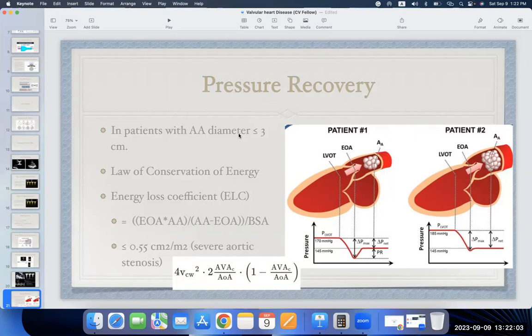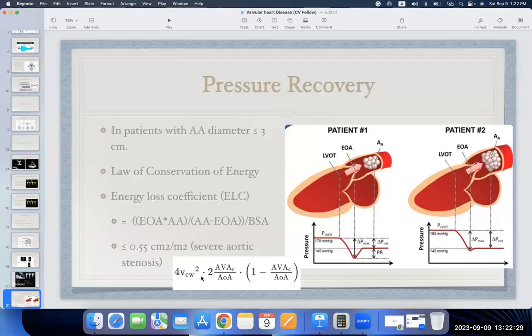And you have two ways to know if the patient has a significant pressure gradient or not. You can use this formula, where you take the velocity of the blood across the aortic valve, square it, multiply it by 4, then multiply it by 2, and multiply by the aortic valve area divided by the ascending aortic area, and then multiply it by 1 minus the aortic valve area divided by the ascending aortic area.